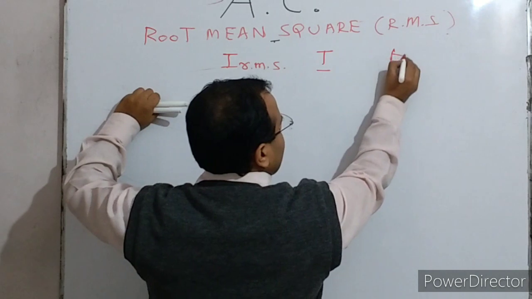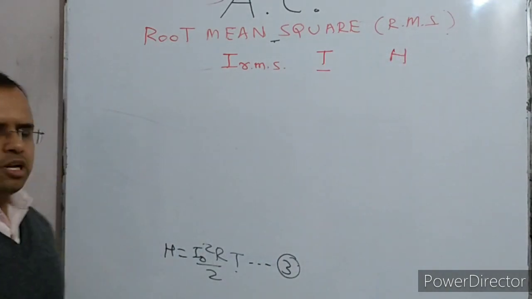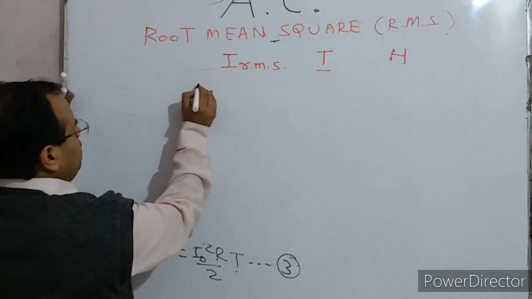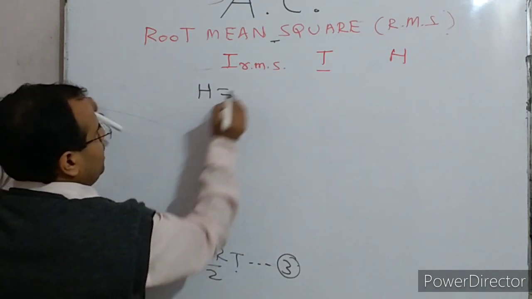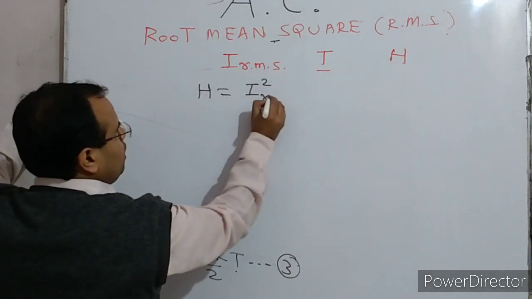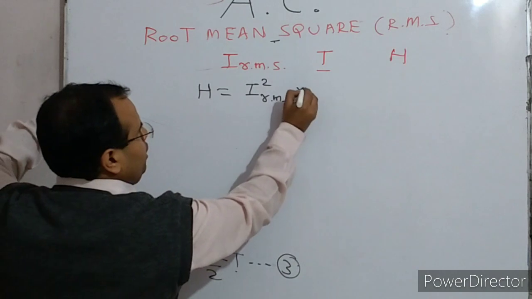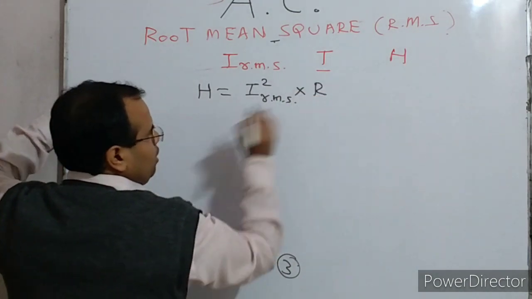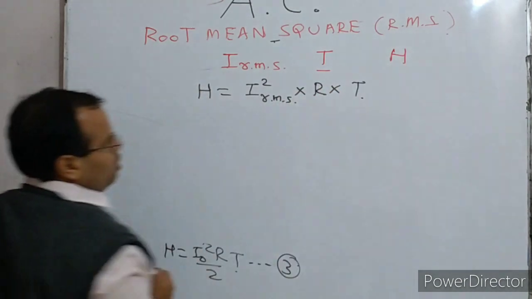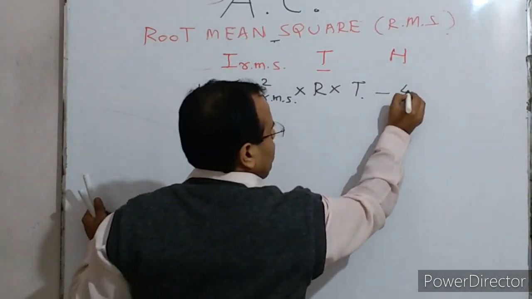It generates the same heat capital H as we discussed earlier. So by the definition, H is equal to I square RMS into capital R into capital T. This is equation number 4.